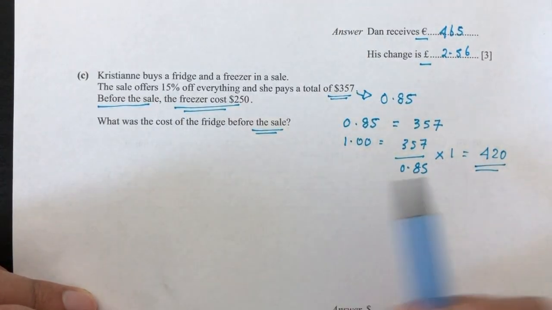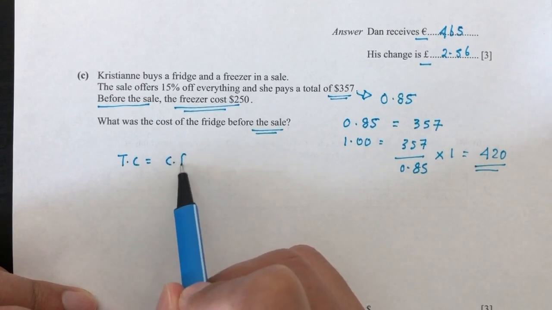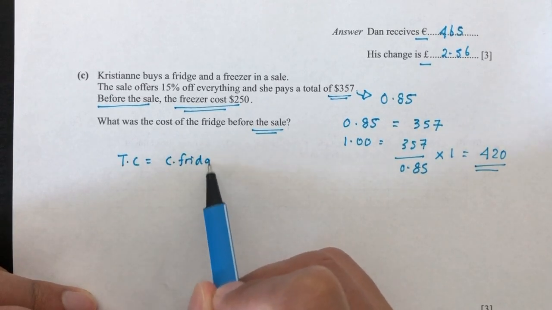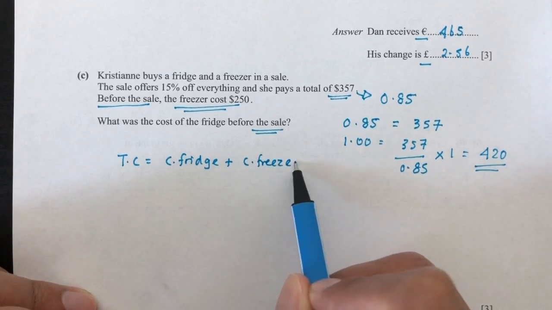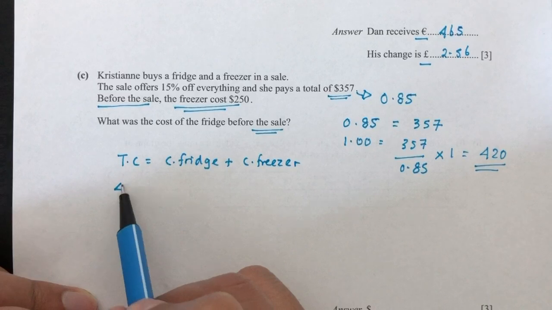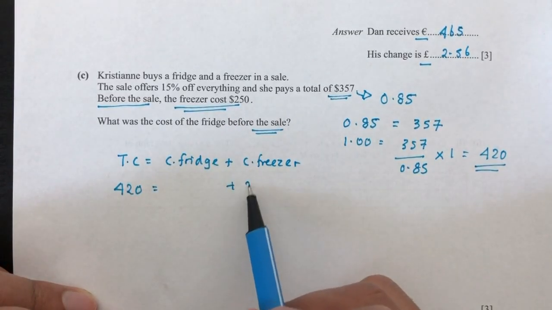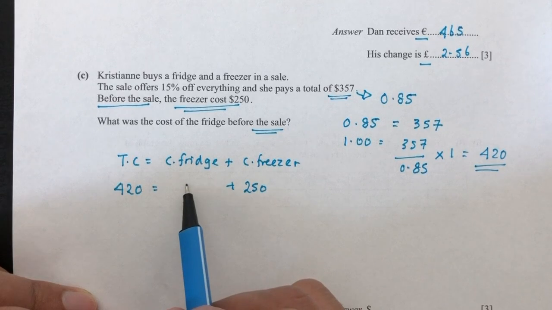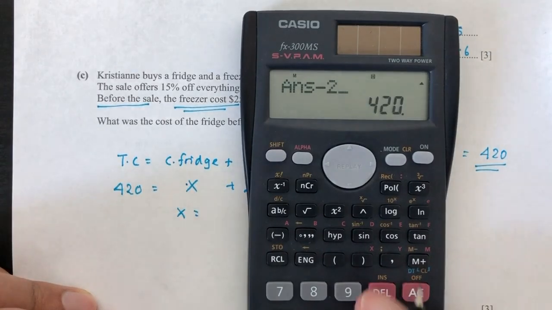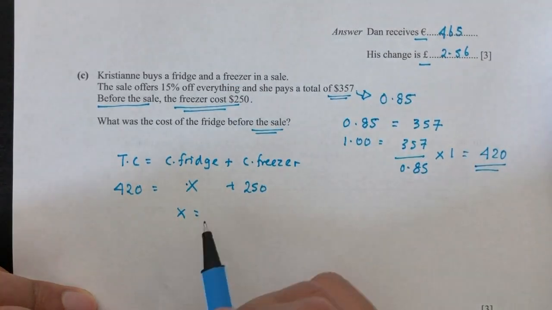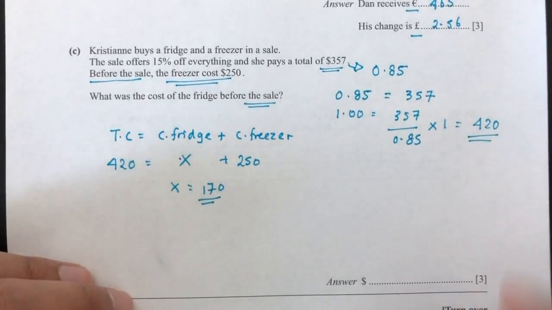Now you know that the total cost is the cost of the fridge plus the cost of the freezer. We know the total cost is 420, and we know the cost of the freezer is 250. So what is this one? Let's call it x. So find x. That will be 420 minus 250. That will be 170. So the cost of the fridge before the sale is 170.